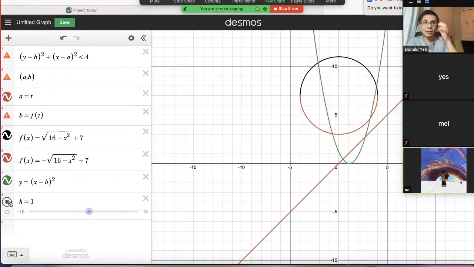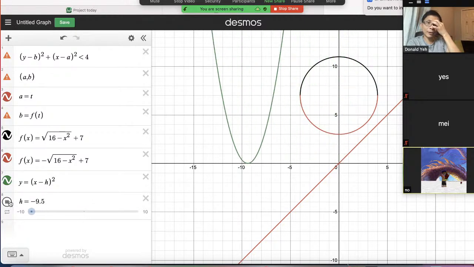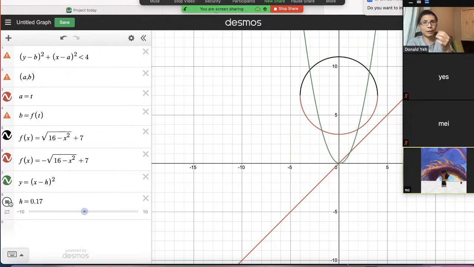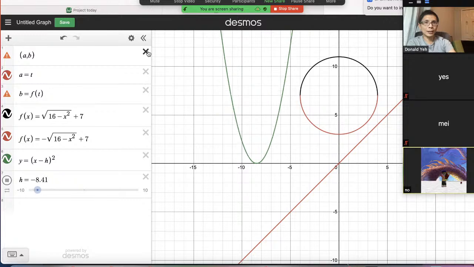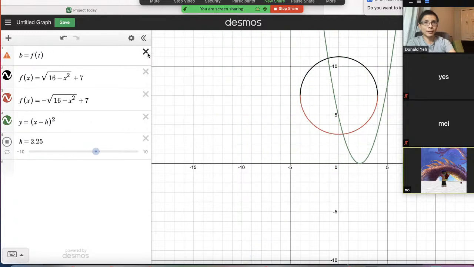Okay, so that's just the movements, but most of the artistic part is graphing lines and stuff like that. So I want you to come up with different things, and we want to see creativity and stuff like that.